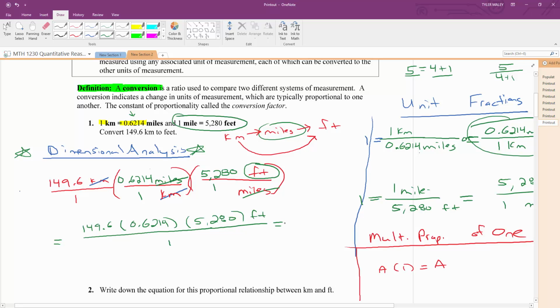So if we do this, 149.6 times 0.6214, and then times 5,280, you still get the same value, which was 490,836.4032, and this is in feet. So 149.6 kilometers is 490,836.4032 feet.